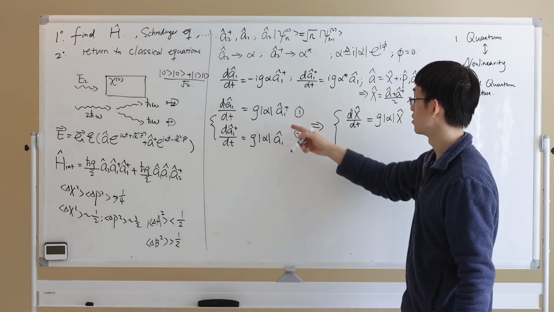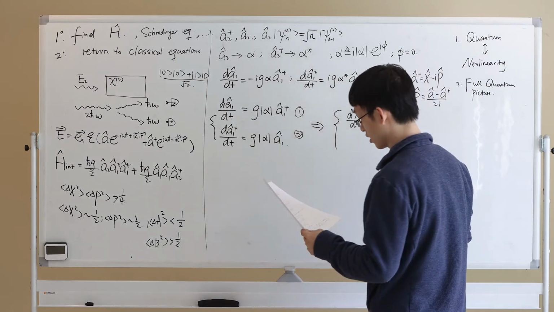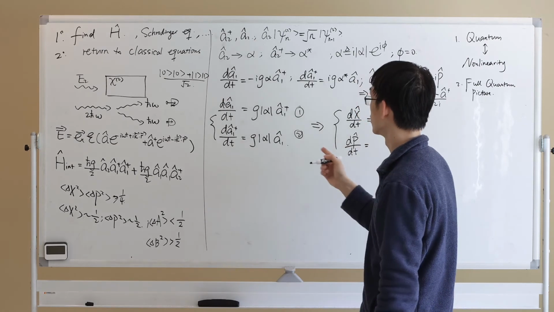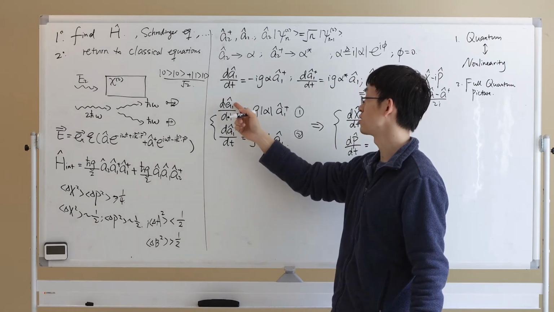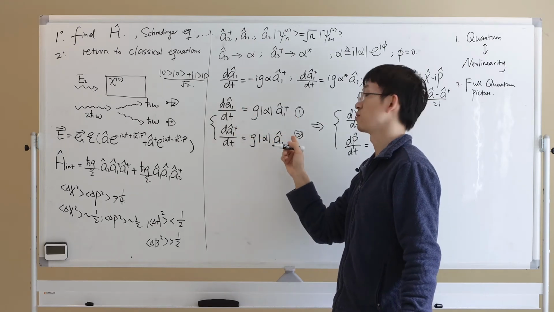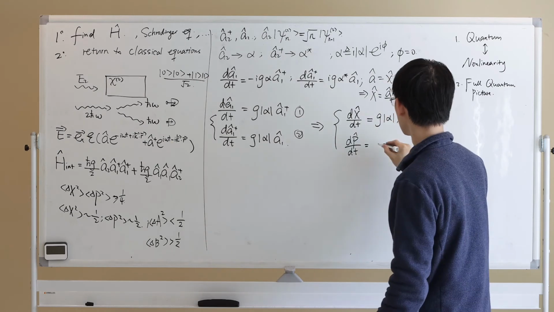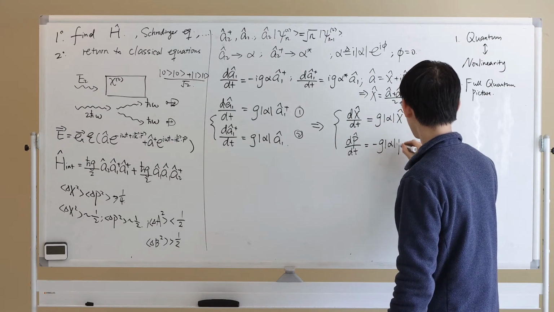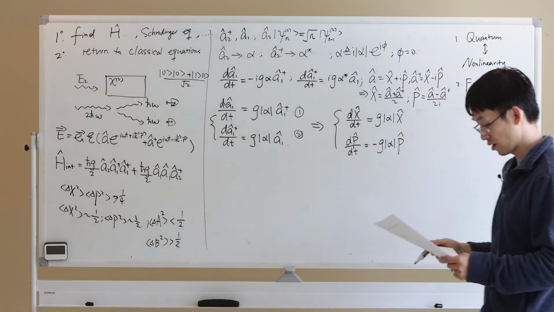And then the other one is this minus that and then divided by 2i, right, so you can have dp/dt. And this is critical here. Notice that if you minus these two, this side is A1 minus A1 dagger. This side is A1 dagger minus A1. So you acquire a minus sign here. Okay, so it looks like this.